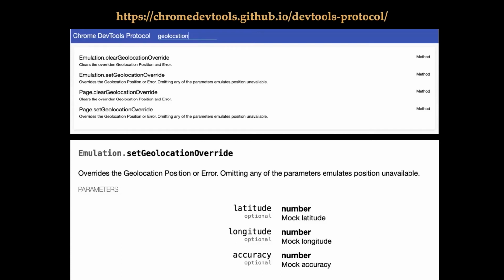It showed me the command for that, and also which domain this belonged to, which is Emulation. It also provided the arguments that this takes. So it takes a latitude, a longitude, and also the accuracy. Okay.